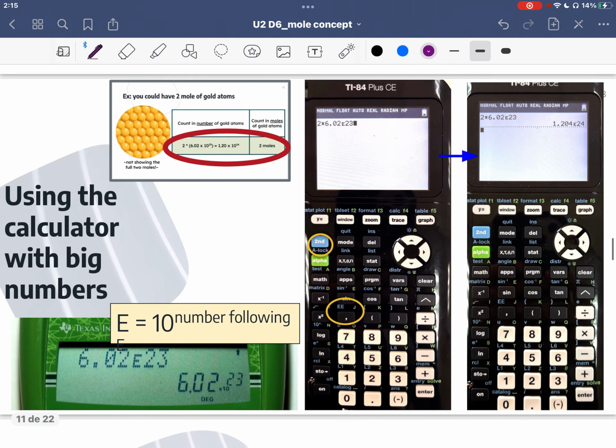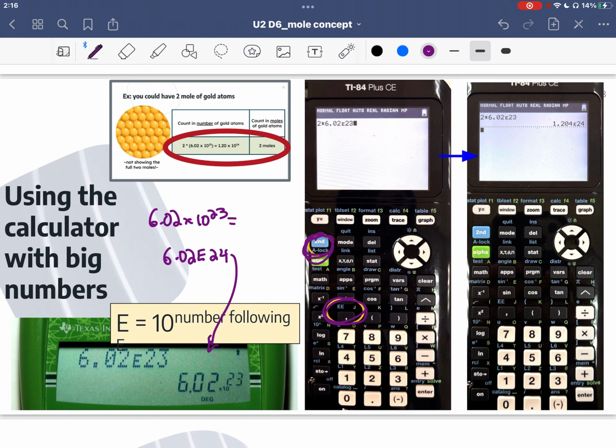So in a TI-84, again, you're going to use second EE, and second EE shows you 10. So second E, for example, 6.02 times 10 to the 23rd. In the calculator, it would be 6.02E23, as you can see right here.